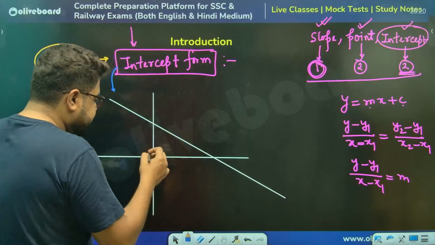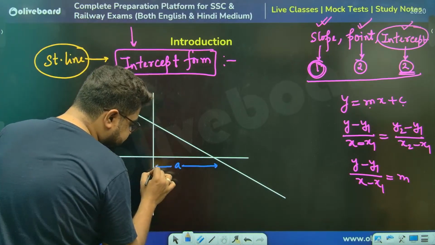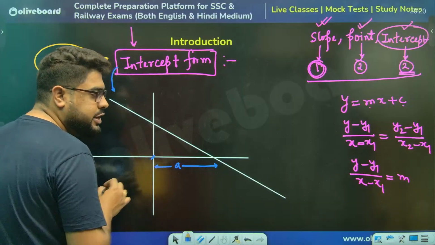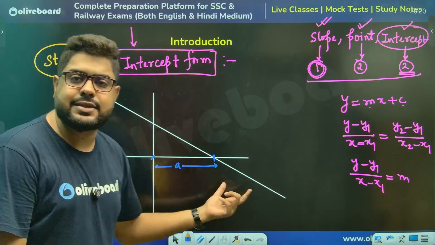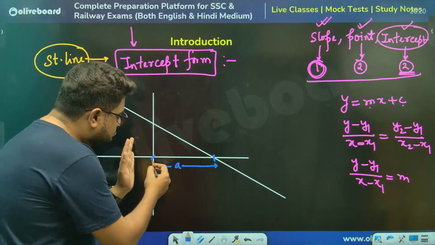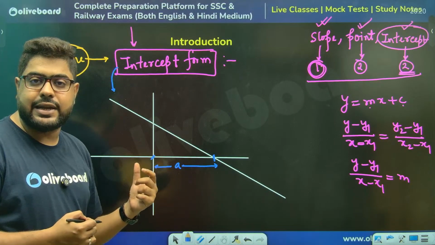The x-intercept is this distance. This is the point where the line has intersected the x-axis. The distance from the origin to the point of intersection is called the x-intercept.